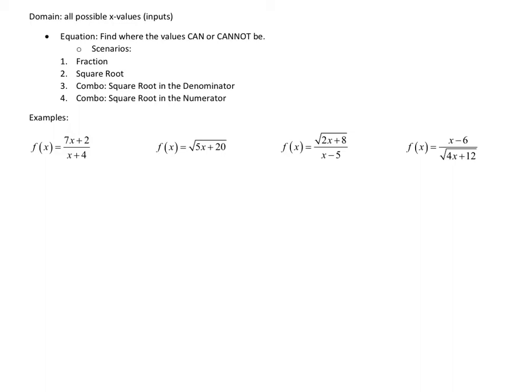The reason that we were doing that was because we know that we cannot divide by 0. So that's what we're looking at here. We want to know in a fraction, we know that we cannot divide by 0. So that is going to be what we're going to need to look at.